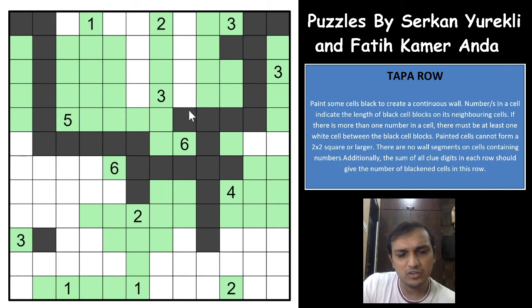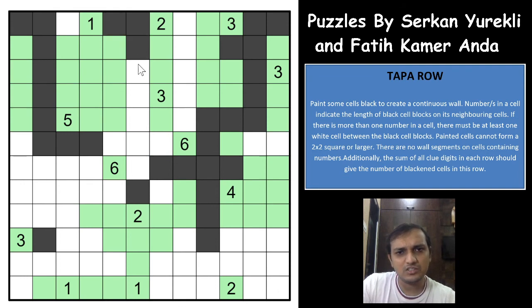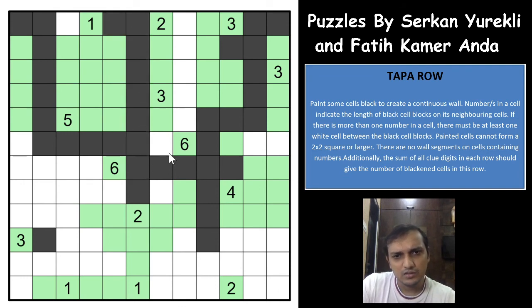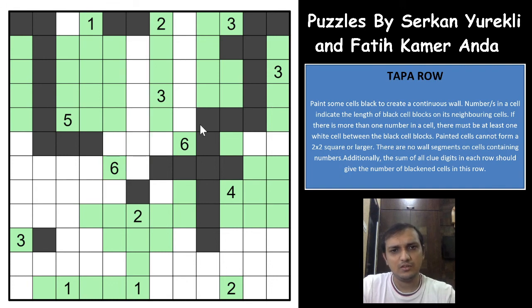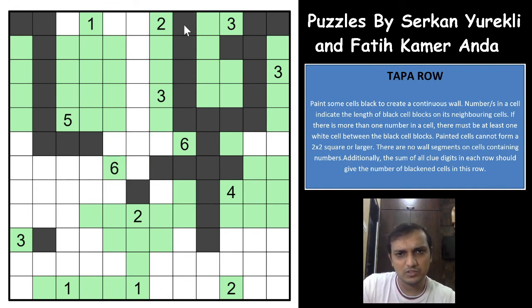So this is the right logic here. But if you have something coming from up, if you have a shaded cell this way, you get the contradiction here. No, this is working fine, I think. If you have shaded cells coming from this way, all of these will be unshaded.